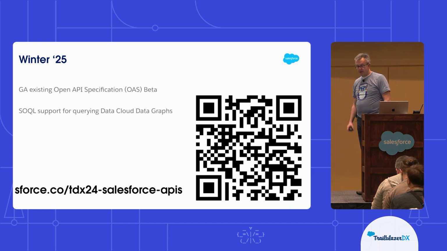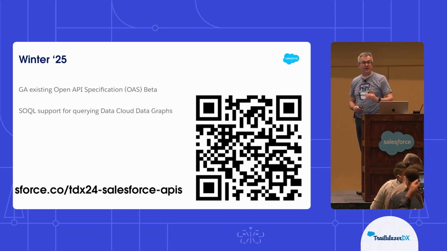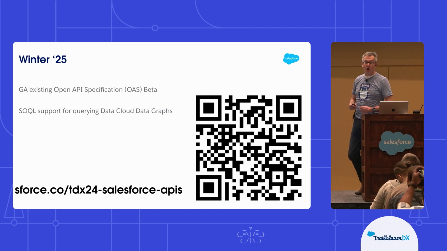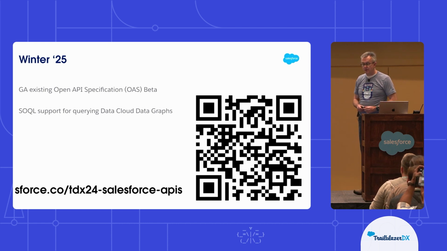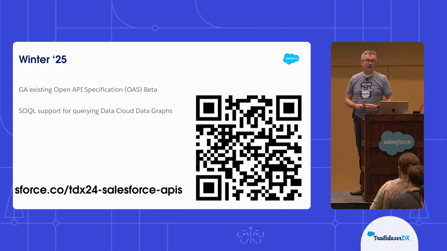And two smaller enhancements for the end of the year: we currently have an OAS beta for S-Objects. I would like to GA that beta as is, and then build upon that in future releases, expanding the scope beyond the initial S-Object resources. Also, we intend to enhance SOQL so that we can query Data Cloud data graphs.